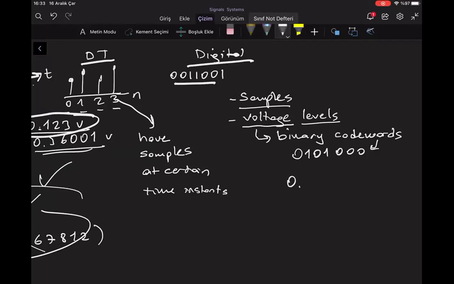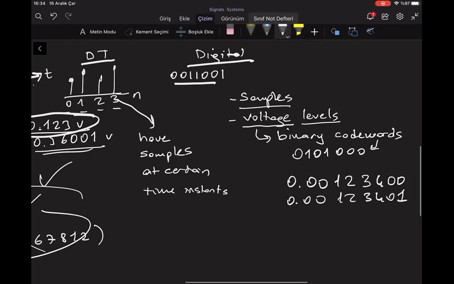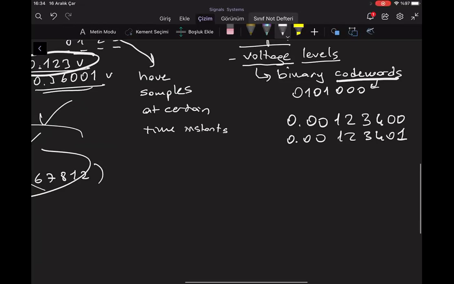So, can I represent the difference between these two voltages? What do you think? Yes, I can, but I need to have many code words for that. For example, if I only have 1 bit, which means 0 or 1, how many levels do I have?